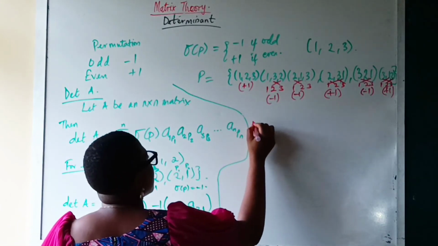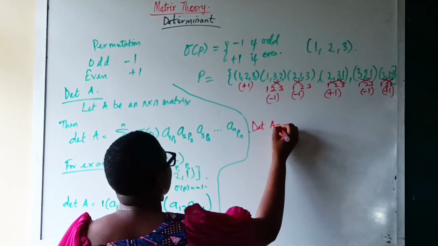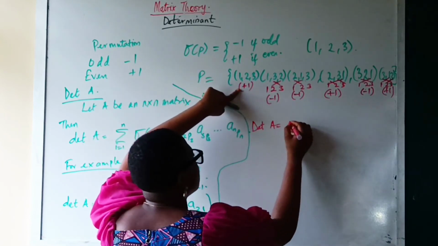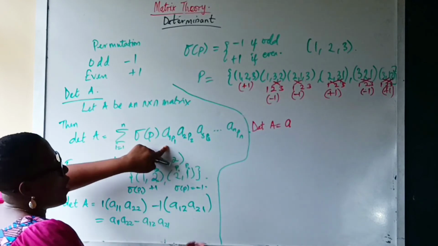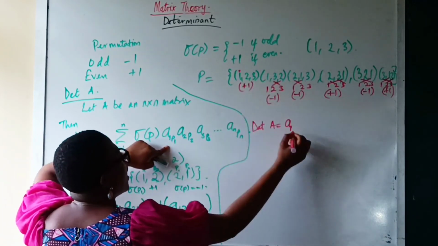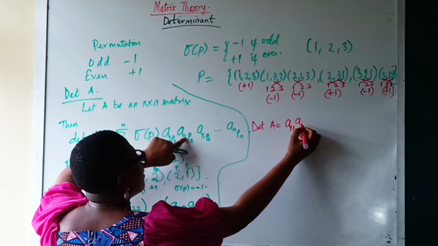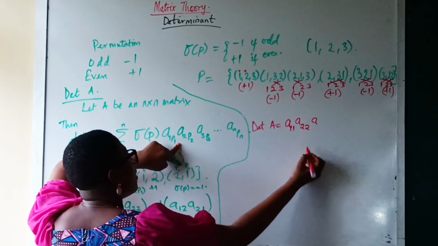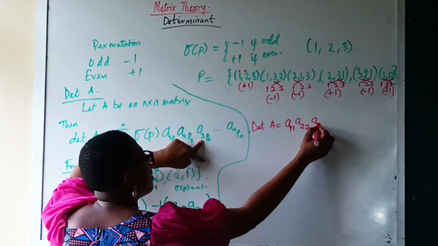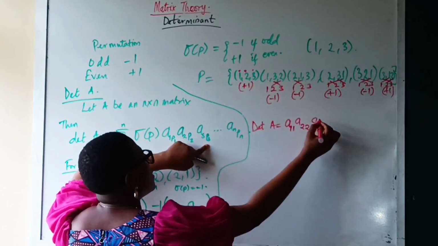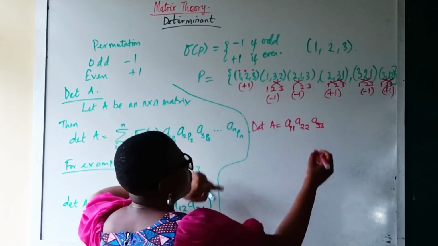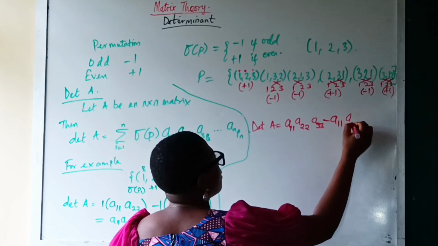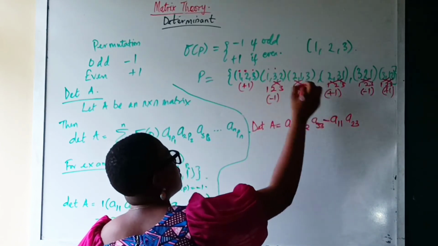So determinant of A is equal to, the first sign here is plus 1. So I just need to do A11 times A22 times A33, minus A11 A23 A32. You understand?